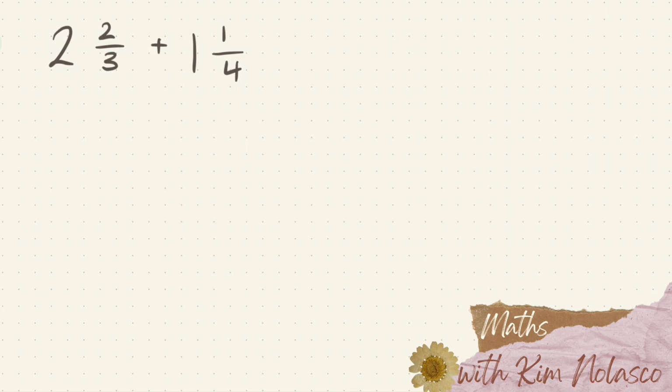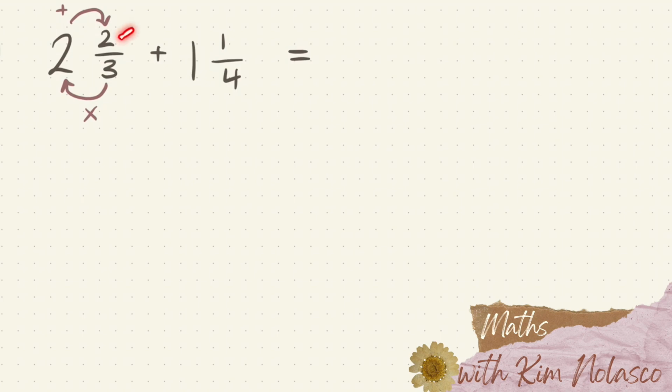So if you don't know how to do this, then check out my other videos where I go through how to change a mixed number into an improper fraction. I'm just going to go through it quickly. The easiest way to do it, we multiply these numbers together and then we add on this 2 here at the top. So 3 times 2 is 6, add on the 2 is 8.